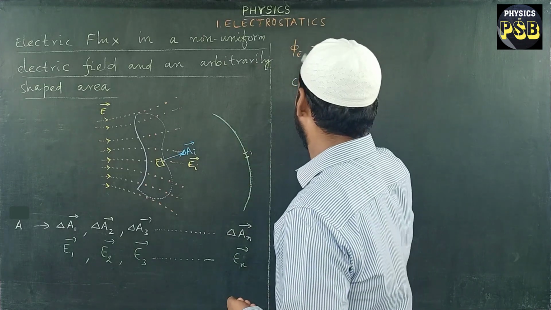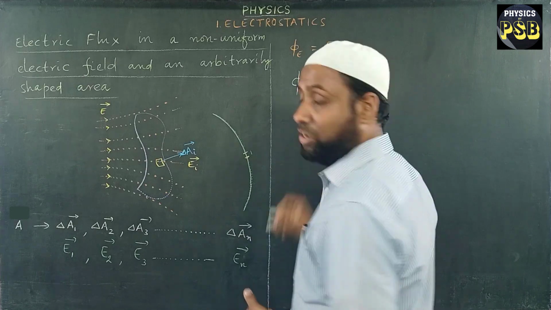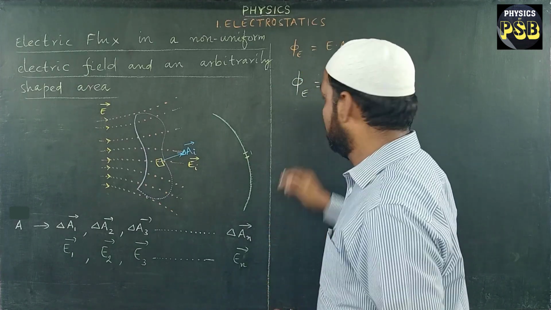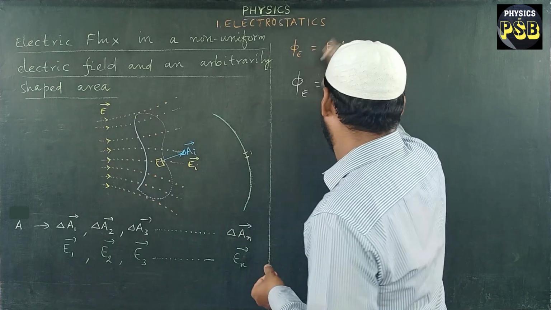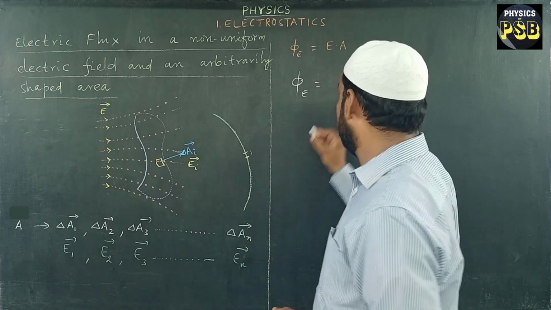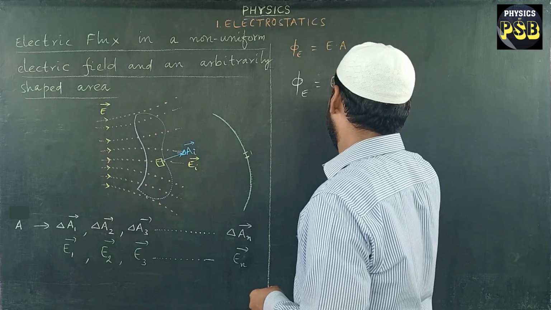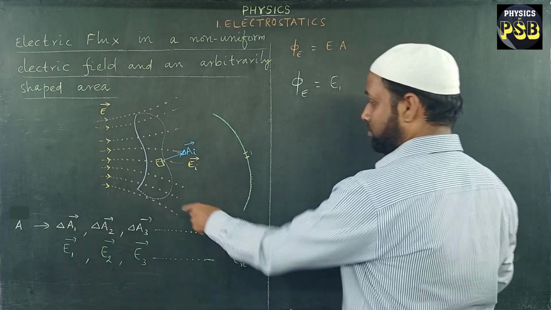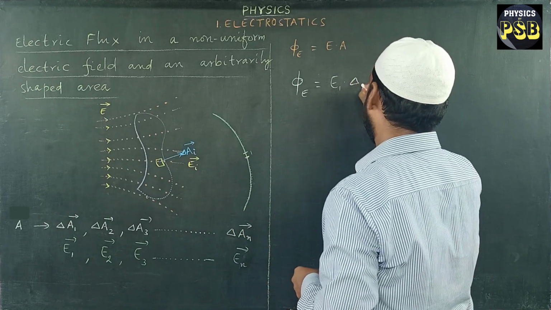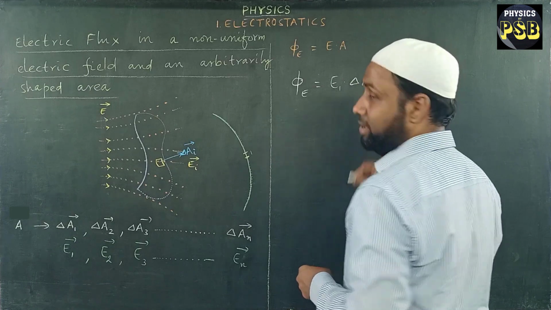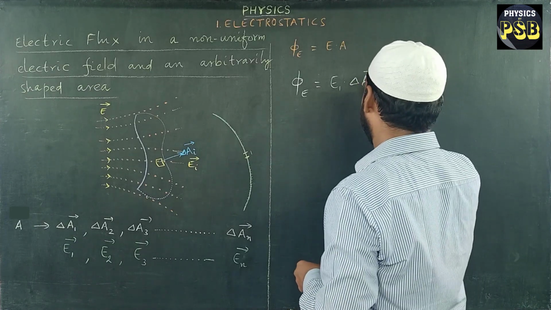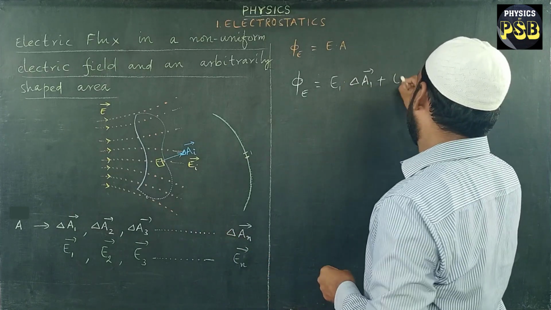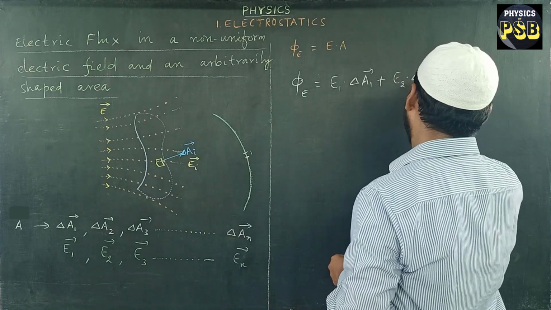Take phi E as equal to the product of electric field through area element delta A1, plus electric field through area element delta A2.